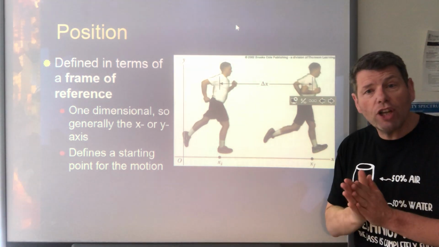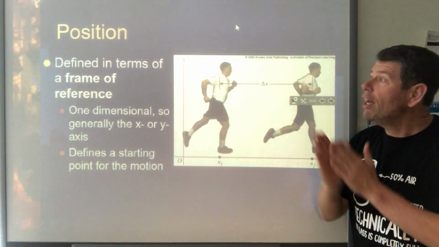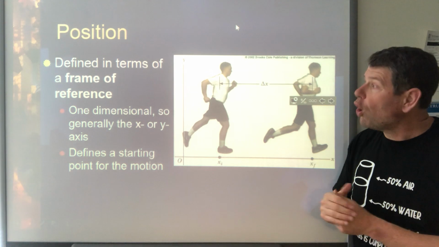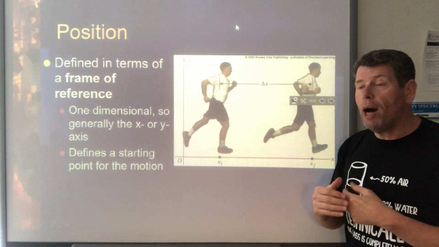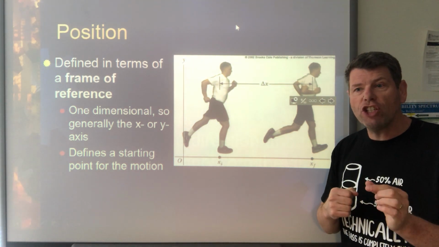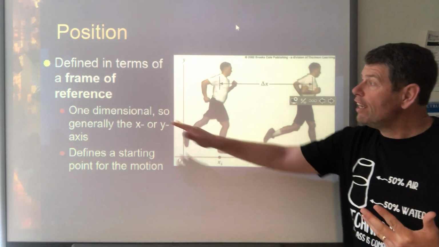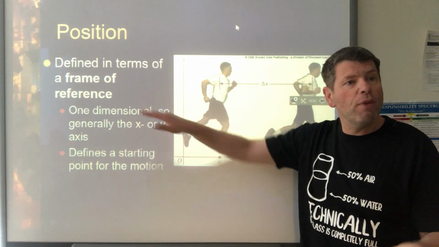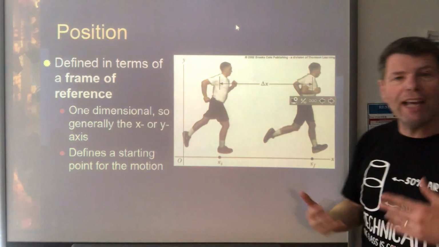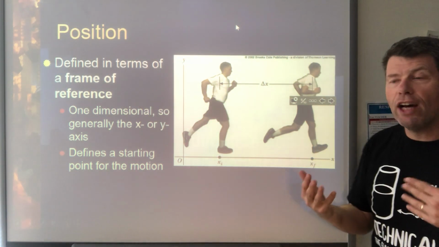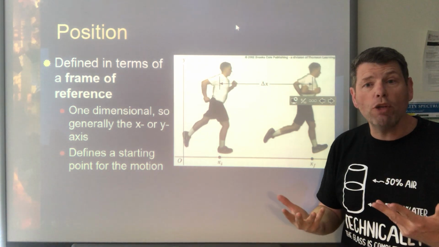Now, to continue to talk about displacement, we have to talk about another vector quantity called position. So a position is giving an indication about where an object is, but it always has to be given in terms of a frame of reference. For example, you're in downtown Calgary and you need to tell your folks where you are so they can come and pick you up.